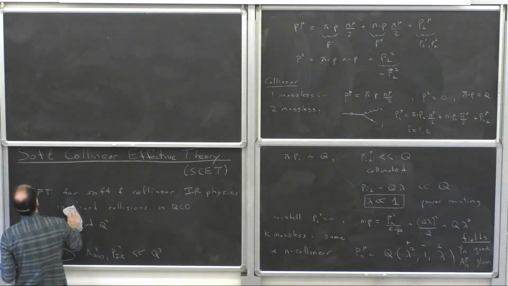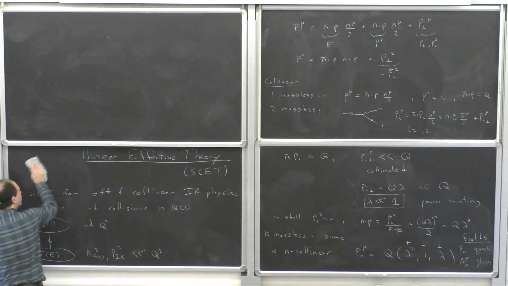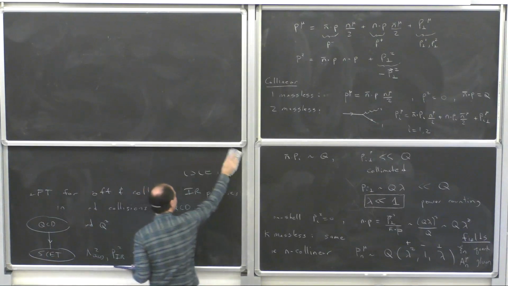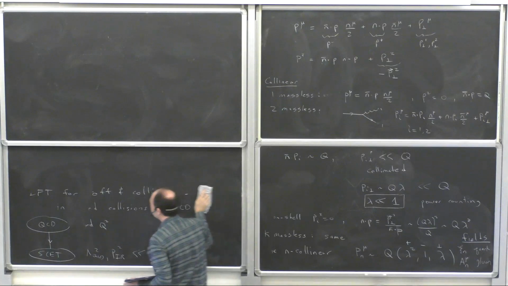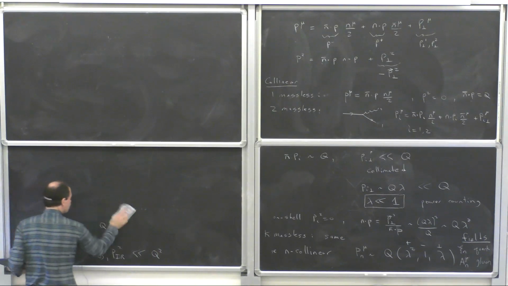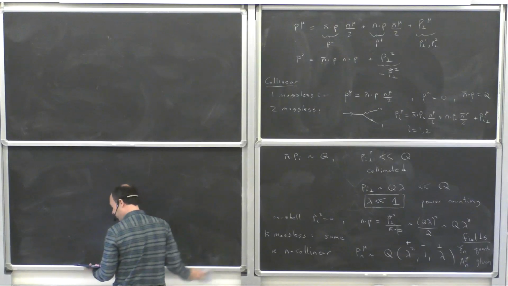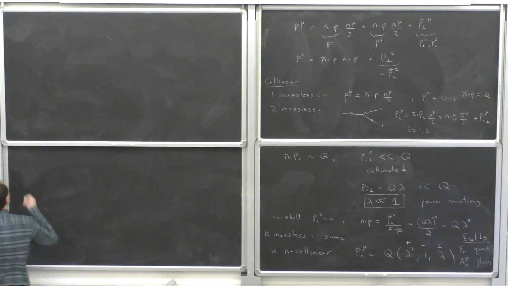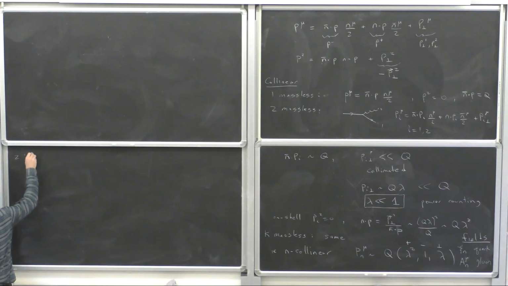So far, so good. Well, you might say the next thing I should talk about is soft, but before I talk about soft, let me remind you that we want to talk about two jets, and so far I only talked about one. So let's talk about the other one. We're interested in a process that involves two jets. So let's extend this discussion to having two jets.